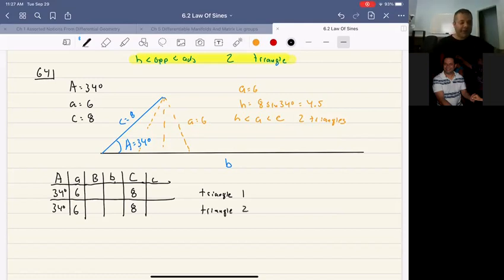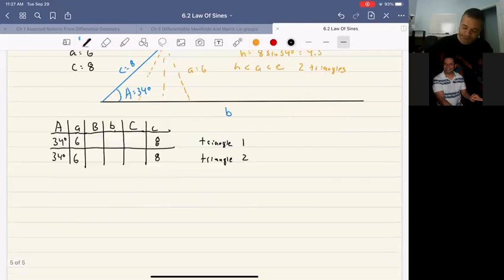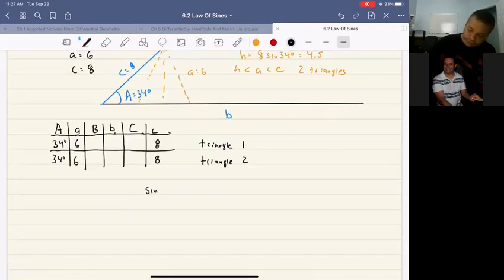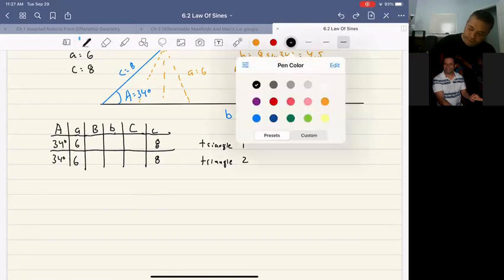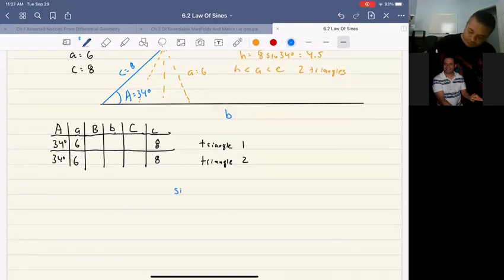Now, let's go ahead and find what we can. Oh, almost made a mistake. Well, I did make a mistake, but I caught it, thank God. You guys got to tell me about that sort of thing, remember? Oh, but wait, never mind. Okay, so sine of 34 degrees over 6 equals sine of C over 8.